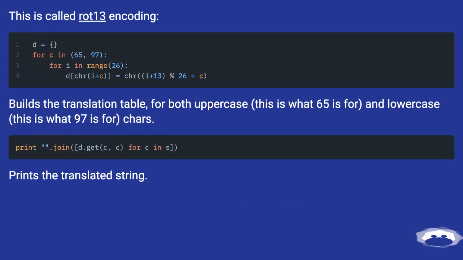This is called ROT13 encoding. It builds the translation table for both uppercase, this is what 65 is for, and lowercase, this is what 97 is for, chars. Then it prints the translated string.